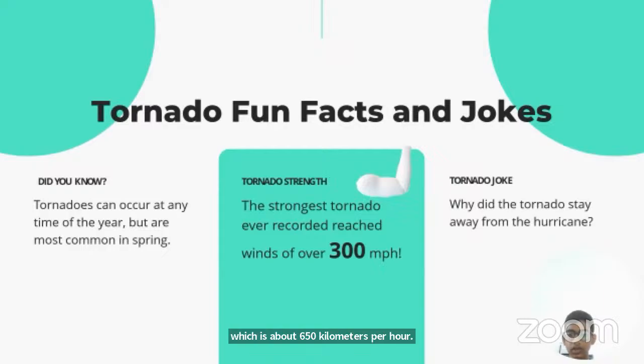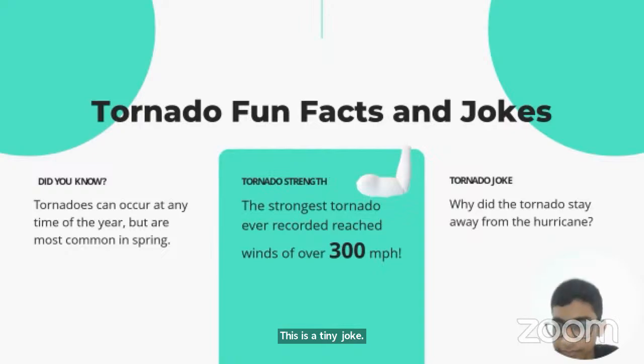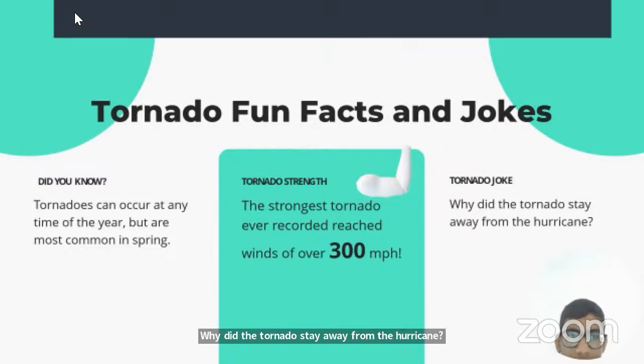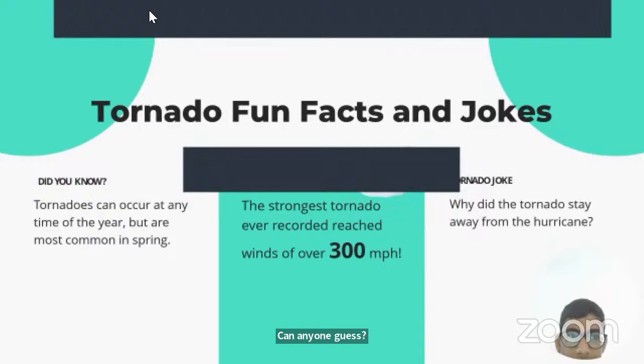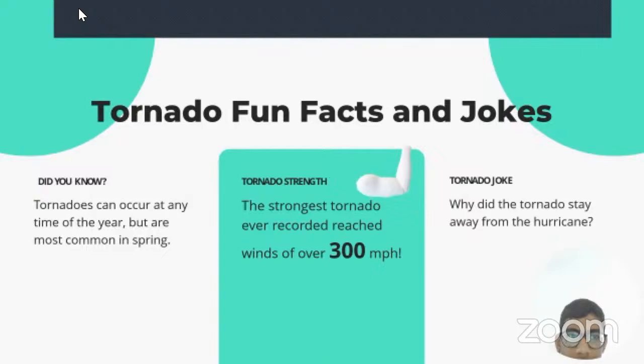This is a tornado joke. Why did the tornado stay away from the hurricane? Can anyone guess? Because a hurricane can't enter on land.